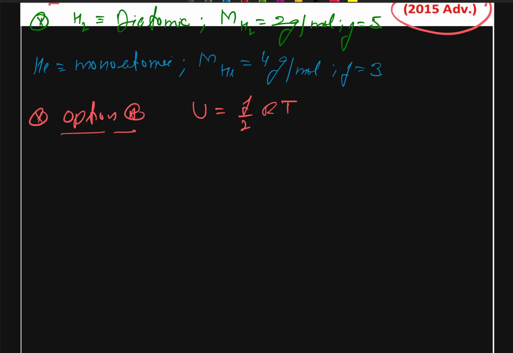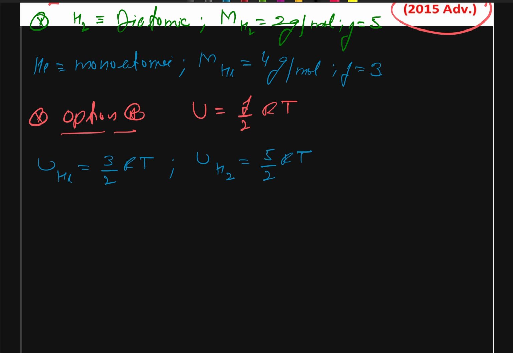So we can write this same formula for our two gases. For helium, this will be 3 by 2 times RT, and for hydrogen, this will be 5 by 2 times RT.